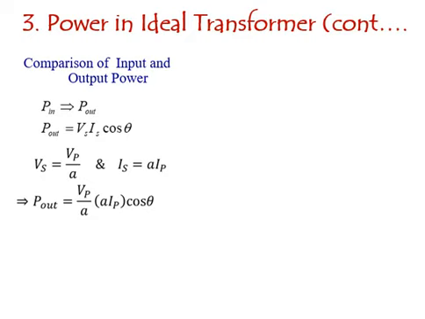P out is equal to Vs Is cos theta s, or we use over here cos theta, because theta s is equal to theta p, so we use theta for both of them. Vs Is cos theta.